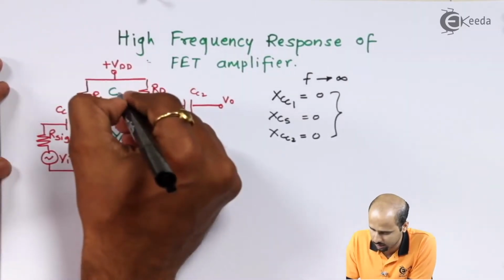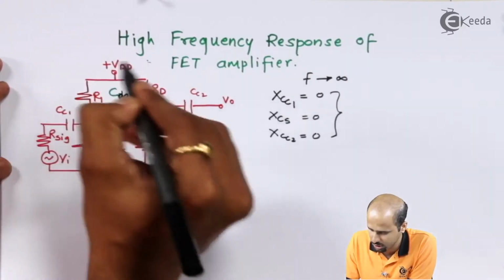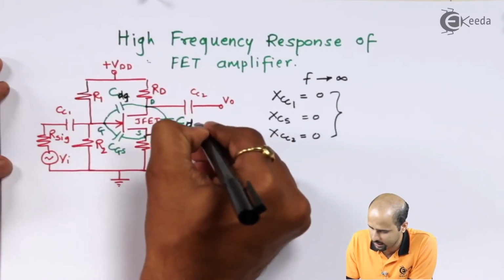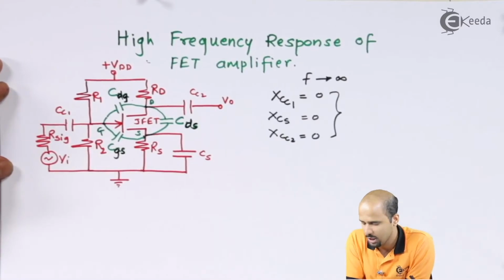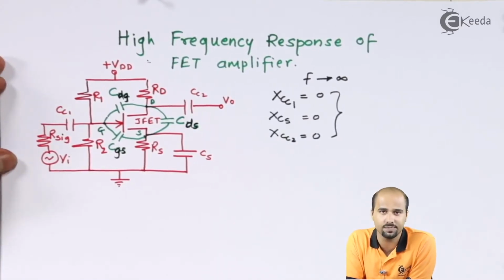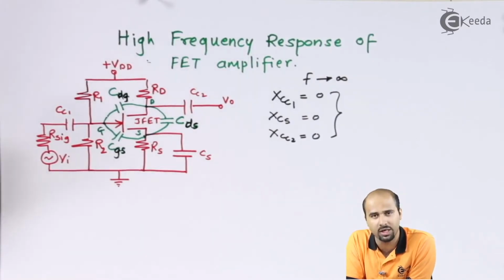So I will change this to Cgd, and this will be your Cds, and this will be your Cgs. This is because a capacitor is a function of frequency, and we are considering the AC equivalent model, and in that we have to incorporate these capacitances.